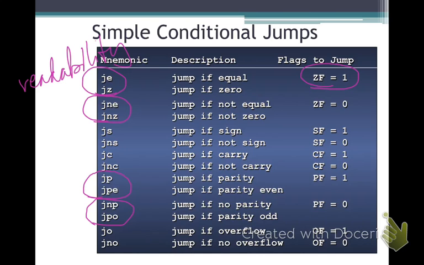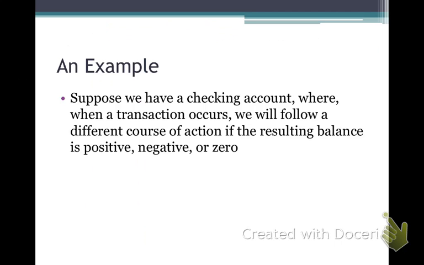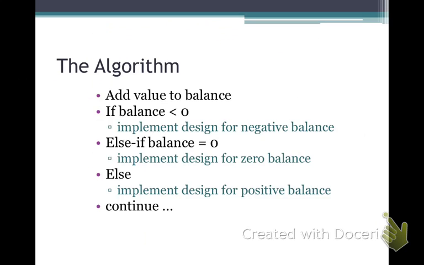Okay. All right, let's look at an example. We've got a checking account where when a transaction occurs, we'll follow a different course of action depending on what the resulting balance is. So here's the algorithm. I'm going to add some value to the balance. If the balance is less than 0, negative balance, we'll implement the design for a negative balance. Else, if it's 0, we'll implement the design for a 0 balance.